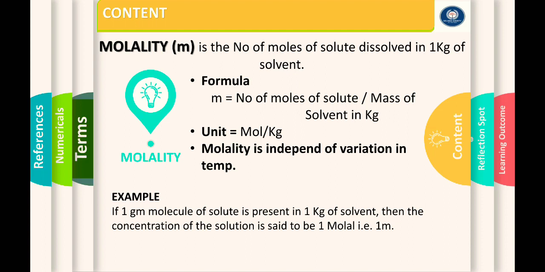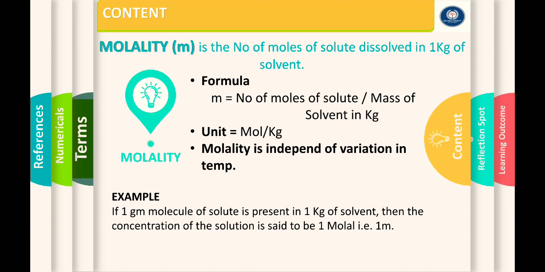The next point is molality. Molality is the most convenient method to express concentration because it involves the mass of liquid rather than volumes. The definition of molality is the number of moles of a solute dissolved in 1 kilogram of solvent.